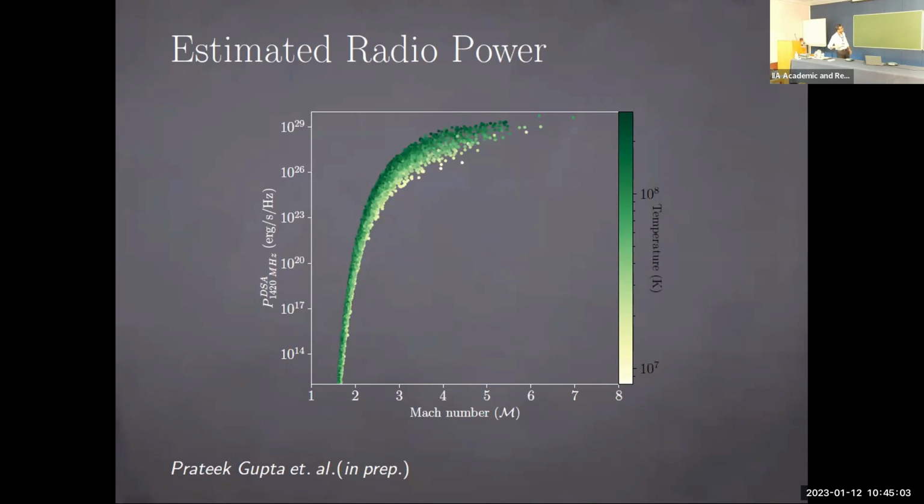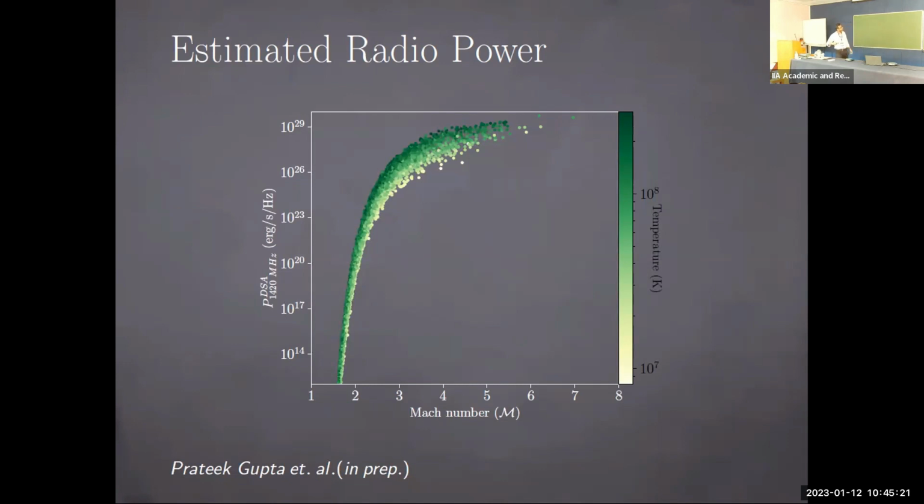So what we observe from this plot is that shocks with strength less than 2.5 Mach number are very inefficient at igniting radio relics.